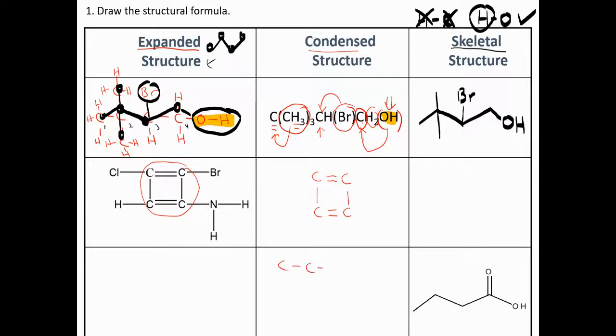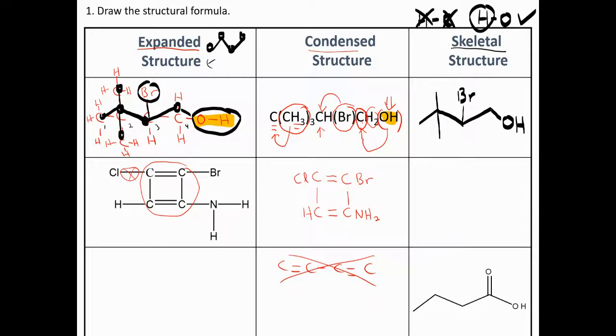I know that some students will break it up like this. Wrong. Then after that only we draw the condensed. When we condense it, we don't show the bond anymore. So Cl, this one is Br, this one is NH2, this one is H. So this is the condensed structure.